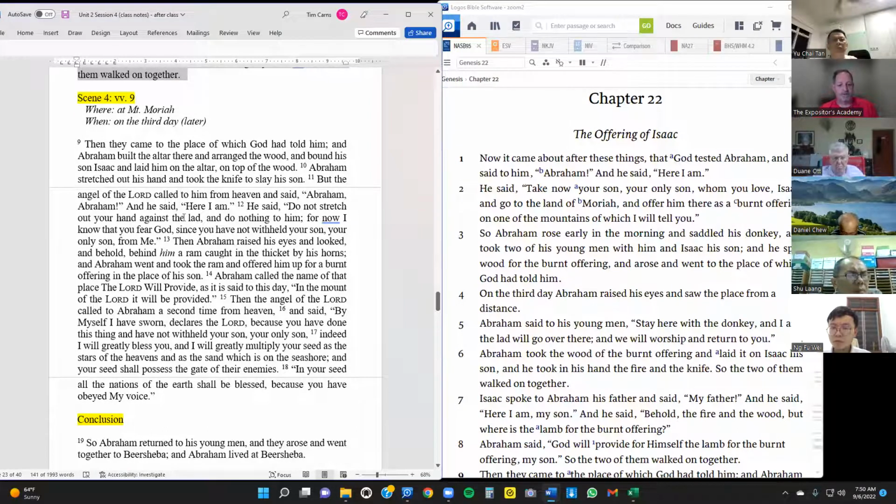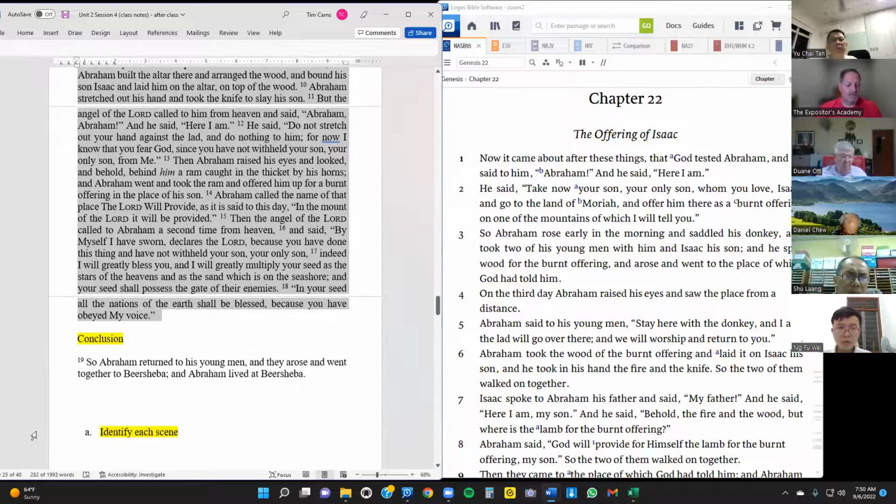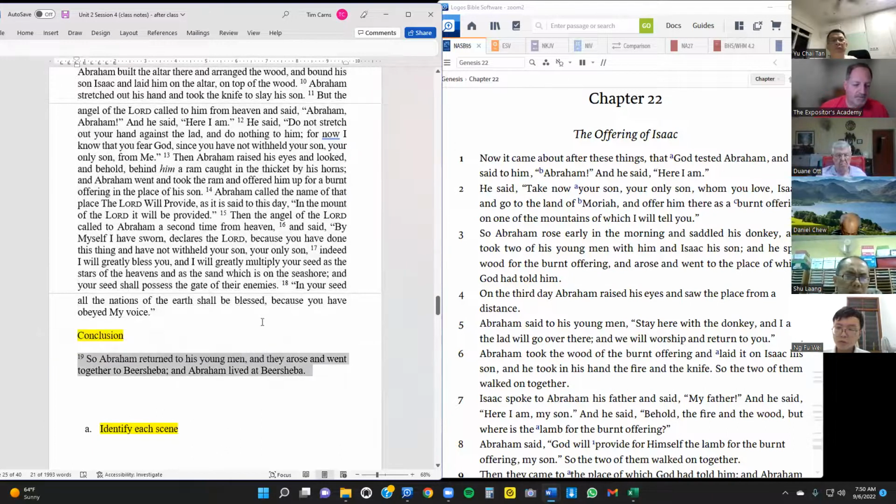And then there are the events that took place there and the dialogue between Abraham and the angel of the Lord. Then there's this concluding statement right at the end of the story.